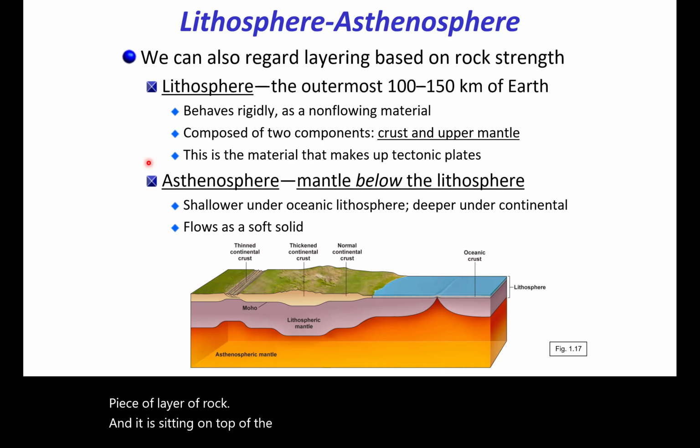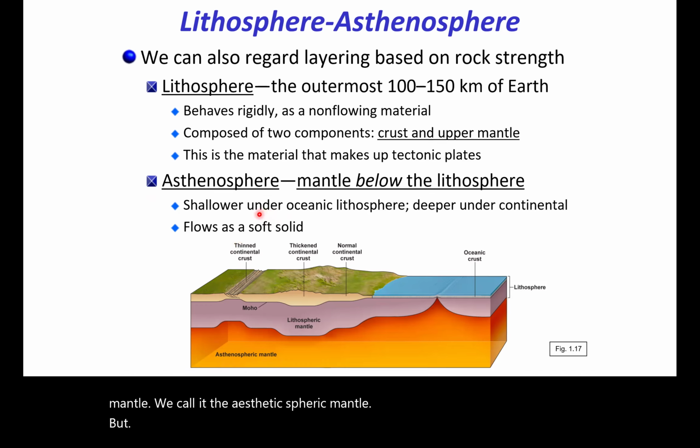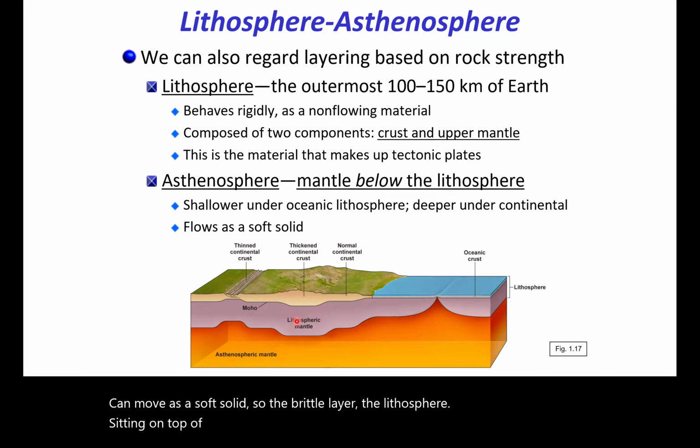And the asthenosphere is still the mantle. We call it the asthenospheric mantle. But the asthenosphere can move as a soft solid. So the brittle layer, the lithosphere, is sitting on top of the asthenosphere. The lithosphere will move around, crust and upper mantle. But the asthenospheric mantle, the asthenosphere, flows more.